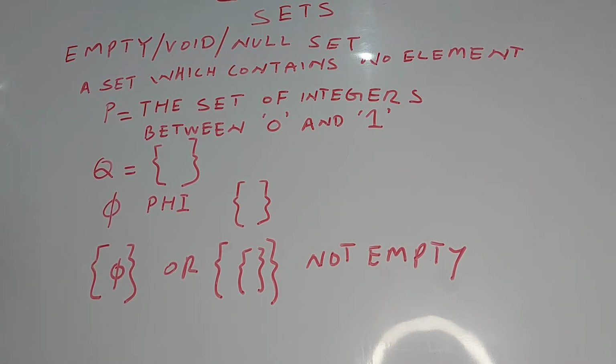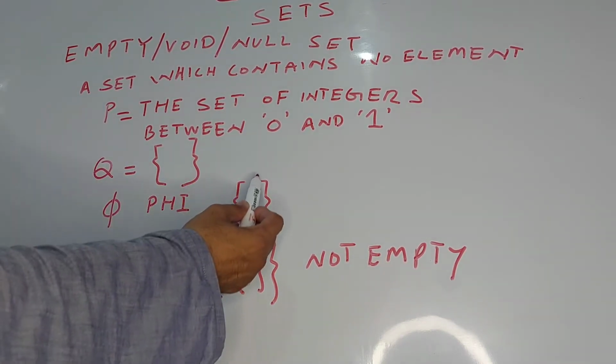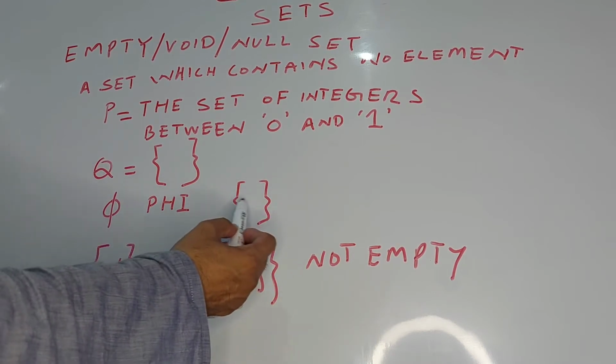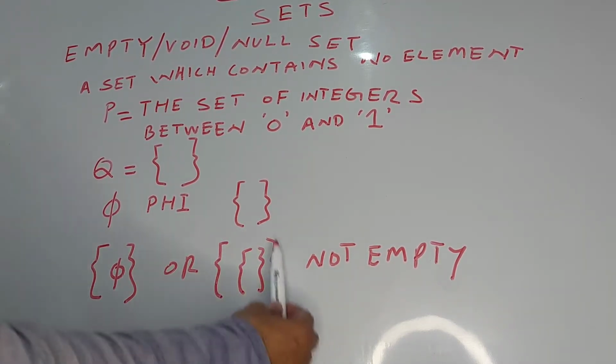We denote empty set with this symbol, it is called phi, or we can denote empty set with parentheses without any element. If, for example, the parenthesis contains phi, this is not an empty set. This set contains one element, or if this parenthesis contains again parentheses, this is also not an empty set.